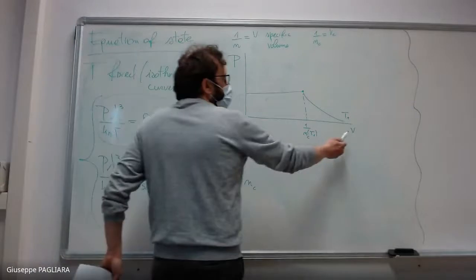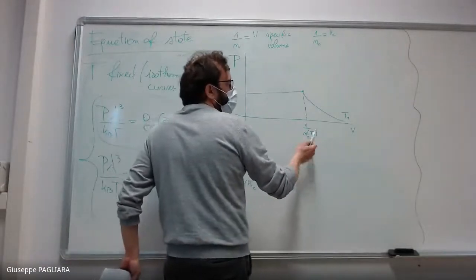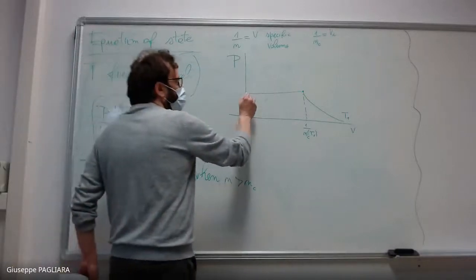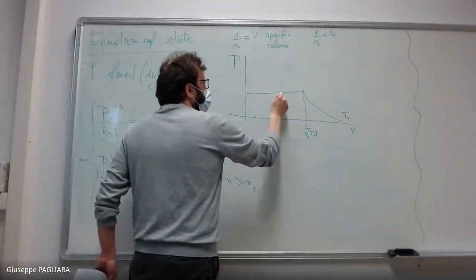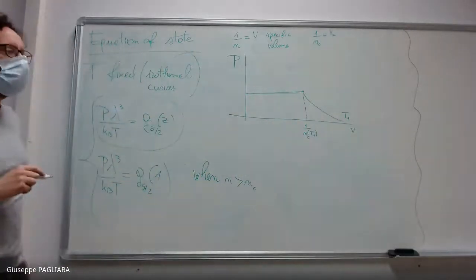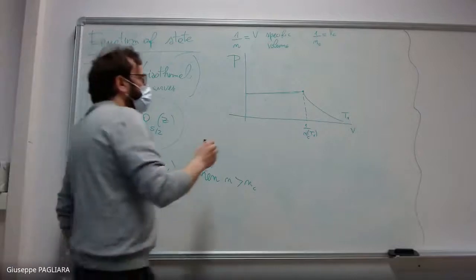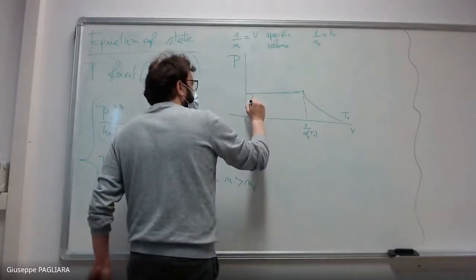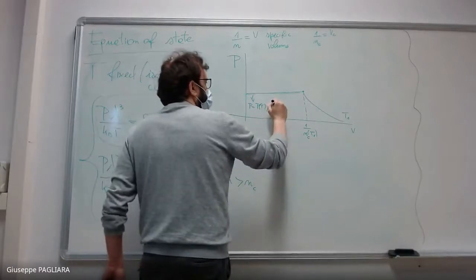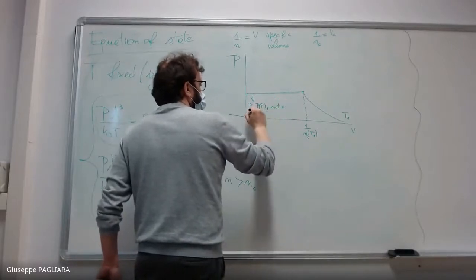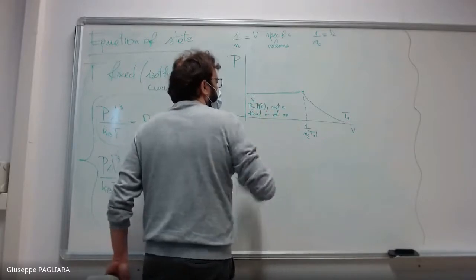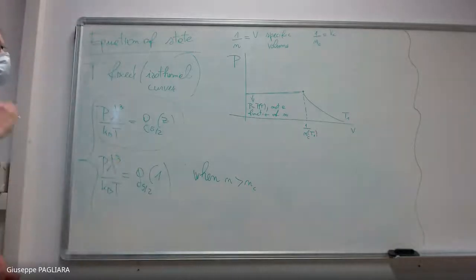Whereas for v smaller than this quantity, which means density larger than the critical density, I get a plateau. The plateau is due to the fact that here the pressure depends only on the temperature and does not depend on the density. Okay? So here P is just a function of temperature, not a function of density or specific volume, which is the same.